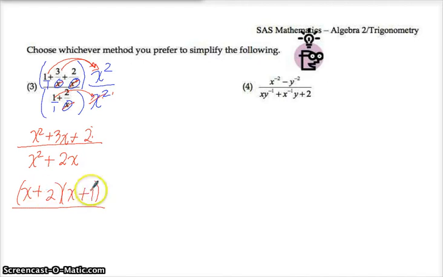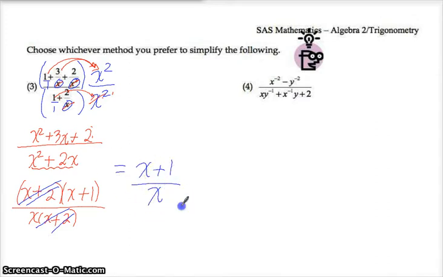So it's a positive 1 and a positive 2. 2 plus 1 is 3, 2 times 1 is 2. In my denominator, I only have the GCF, so I factor out my GCF of x. I'm left with x plus 2. And then I can see these identical parentheses that can be canceled. So my final answer is just simply x plus 1 over x.